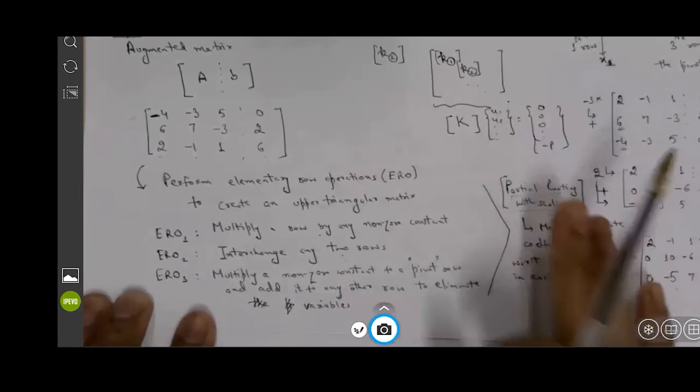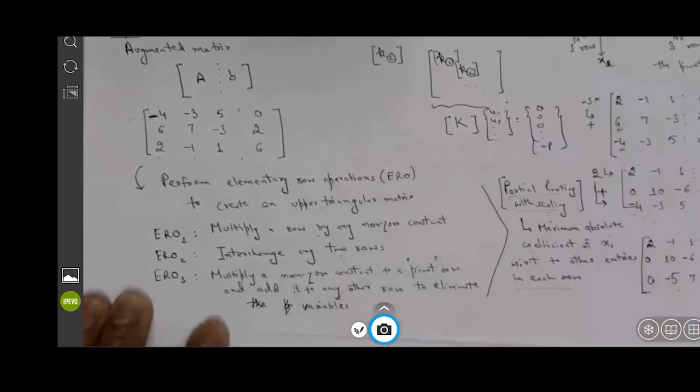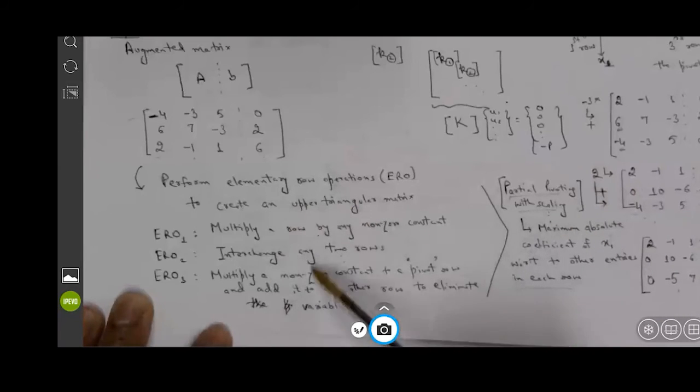Partial pivoting with scaling is the technique that is used in all the codes, whether it is MATLAB, C, or any numerical library, because this technique tries to avoid the round off errors and other numerical problems that may arise from only doing elementary row operations.